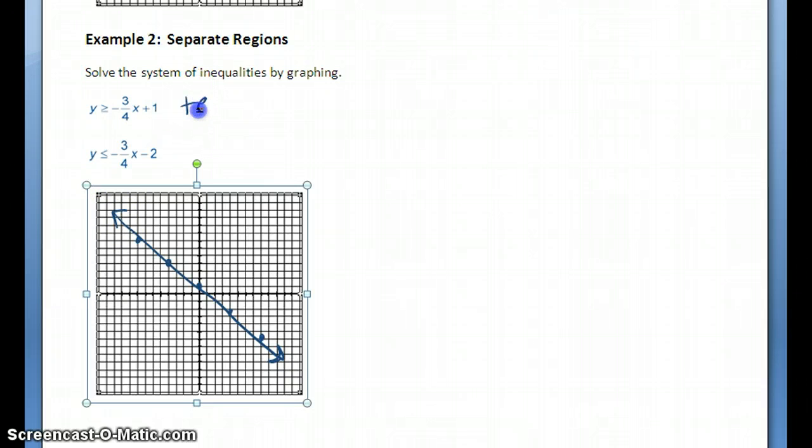Once I do that, I'm going to test a point. And I'm going to test 0, 0. That point falls right here. So I'm going to look at 0, 0 because it's just so easy to plug in. I'm going to put 0 in for y, 0 in for x. And I'm going to see if this is a true or false statement.